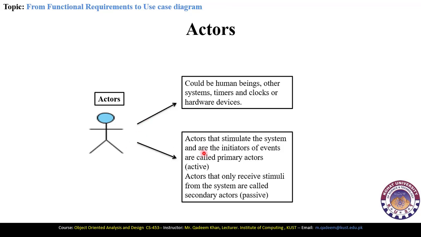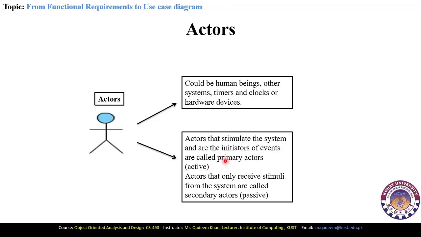Similarly, an actor can stimulate the system or certain events, and the actor will be used as an initiator of that event. That sort of actor is called the primary actor, also called the active actor. So the active or primary actor is the actor which directly stimulates certain events of the system. For example, if a user is using a keyboard of the system, then that actor is called the primary or active actor.